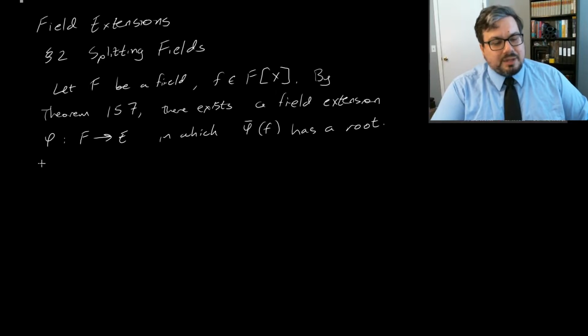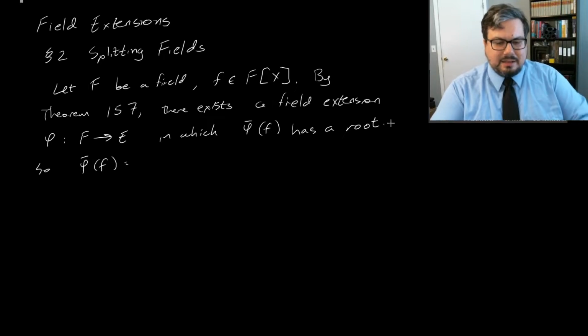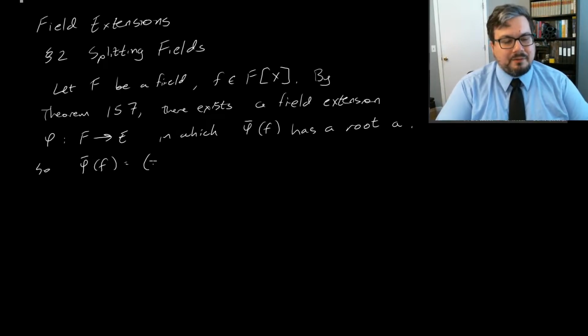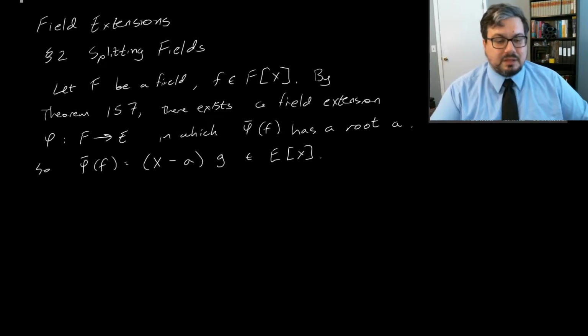Let me say that it has a root a. That means that we can write phi bar of f as x minus a times g inside E adjoin x. So we can factor this because any root corresponds to a linear factor of the form x minus that root when you're working over a field.